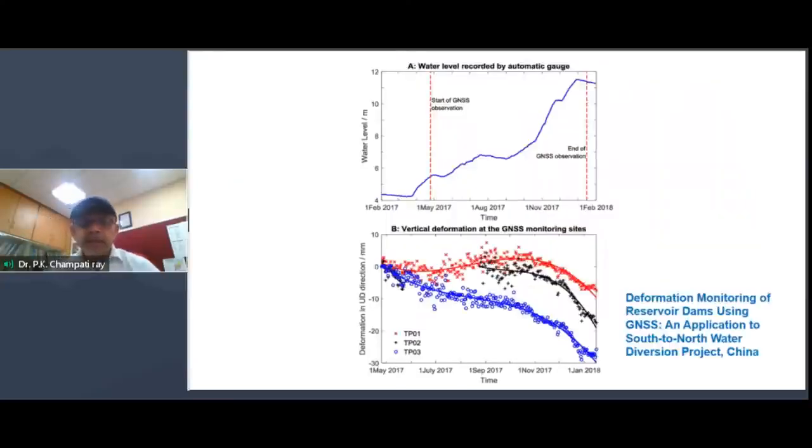So you can see how the water level is recorded and how the water level changes according to the deformation. So the vertical deformation at the GNSS monitoring sites, how these are changing with respect to the water level. So water level goes up and accordingly the deformation is increasing, as you see on the lower diagram.